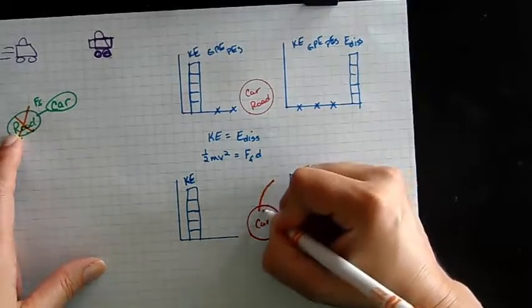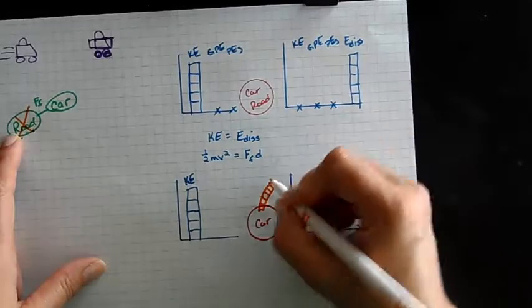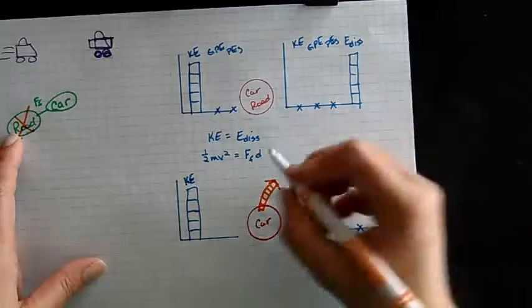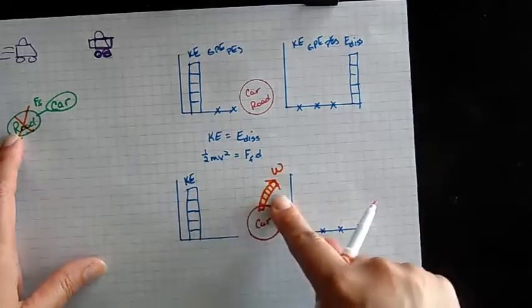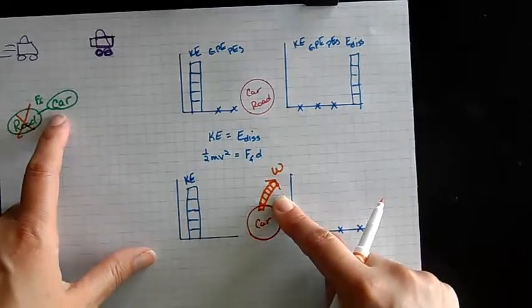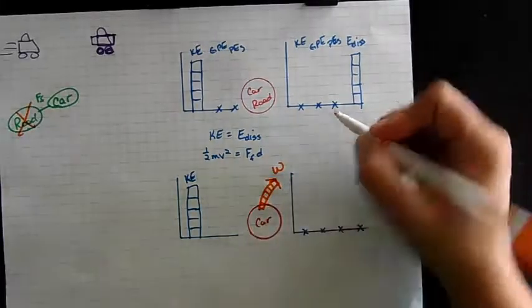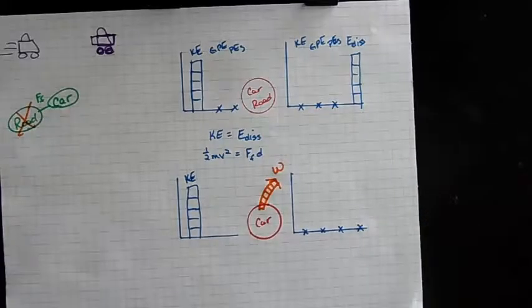So we're going to draw a little arrow with 5 boxes. This arrow is going to go out. We're doing work here. So there is work being done on the car. It's a negative work because it's taking energy out of the system. So this arrow going this way means that energy is leaving the system.